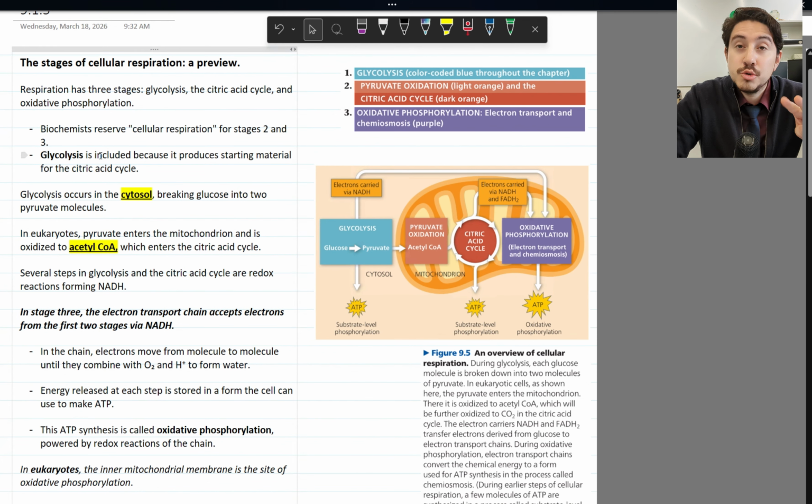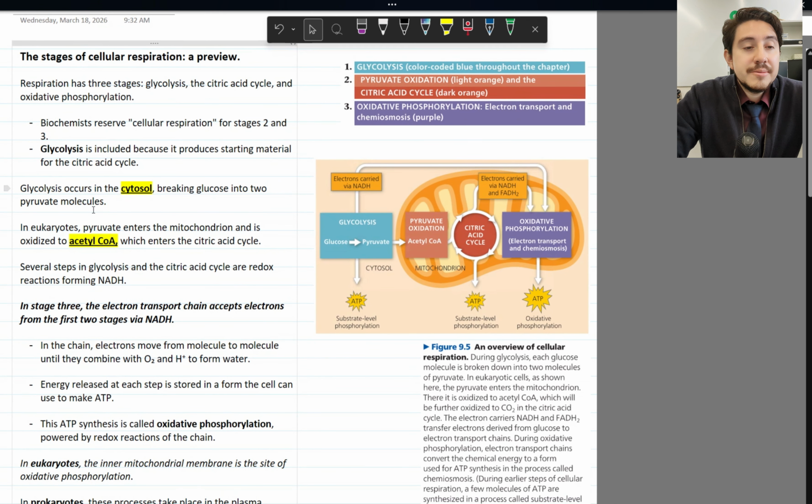So stages 2 and 3. Glycolysis is included because it produces that starting material to be used in the other stages, essentially pyruvate, but you don't use oxygen in itself.